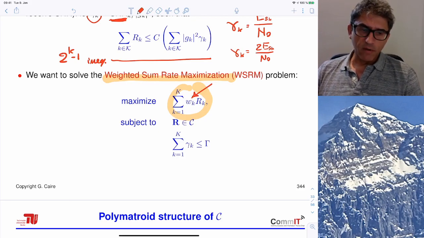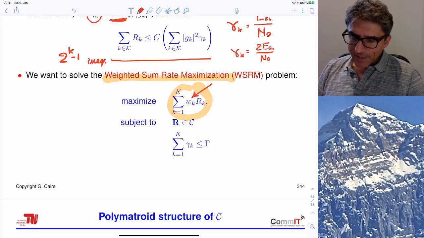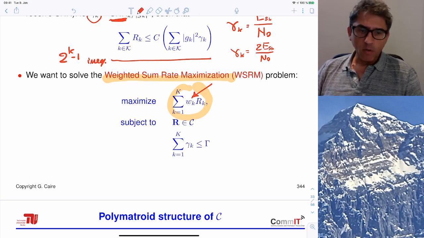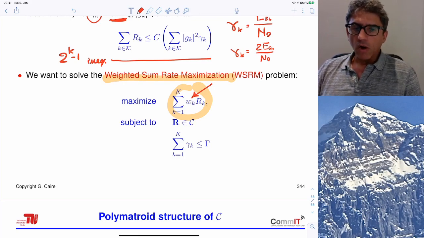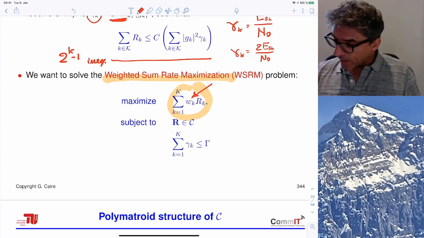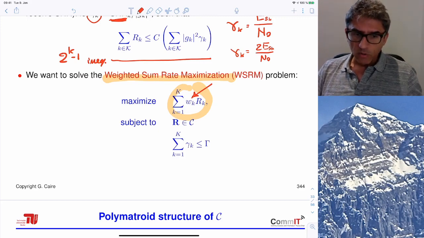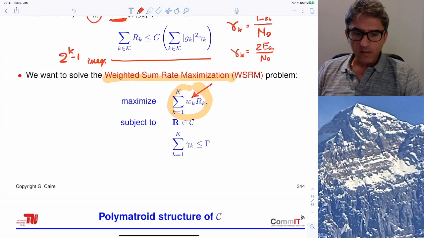Each user is ready to pay a certain amount of money per bit, or per bit per second, or per bit per symbol, which is called wk, and so maybe this reflects the total revenue of your system, right? So for a user that has a big weight, wk is large, then you probably want to give to this user a large rate. A user that is stingy and wants to pay a small amount of money probably is going to receive a low rate.